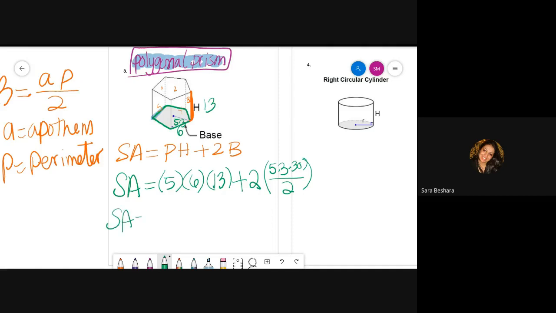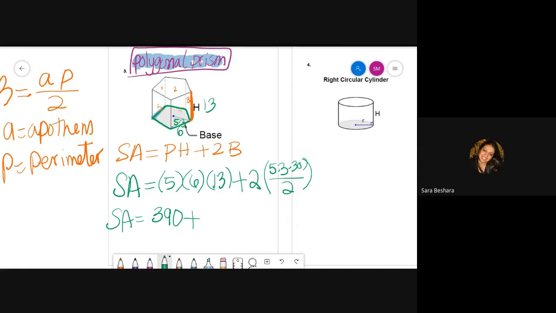The surface area here, 5 times 6 is 30. That's the perimeter. 30 times 13, that is 390. Plus, let's do this one. It's 5.3 times 30, and then we divide that by 2, and then we multiply that by 2.